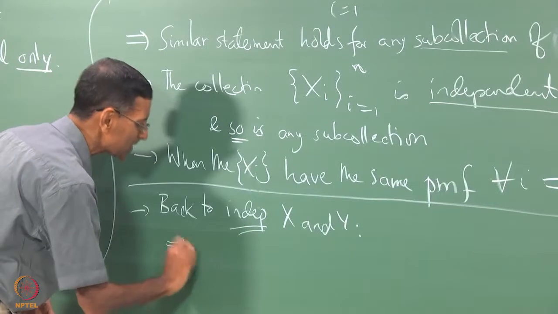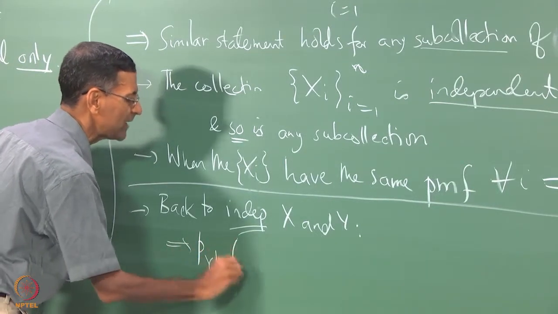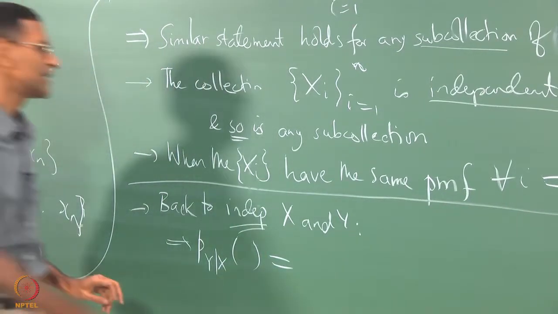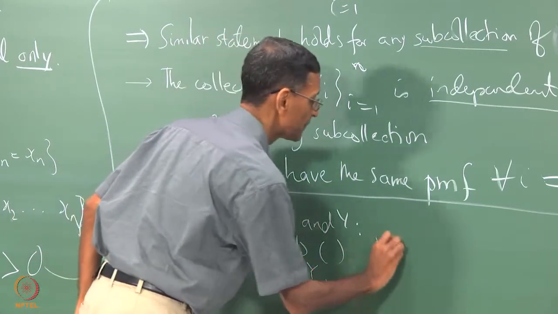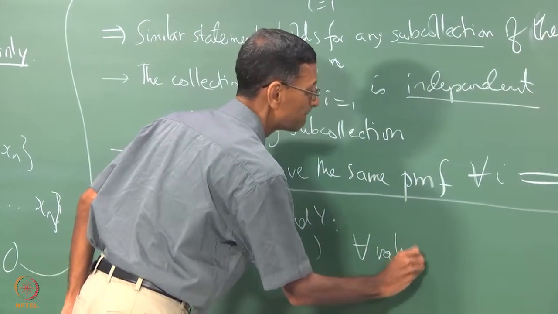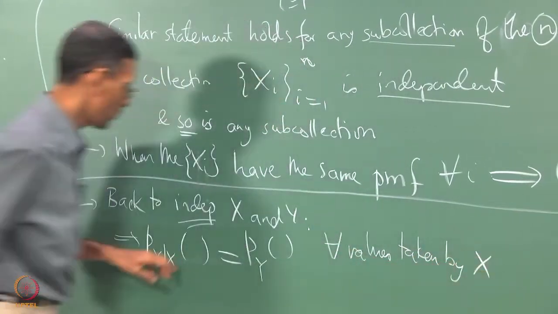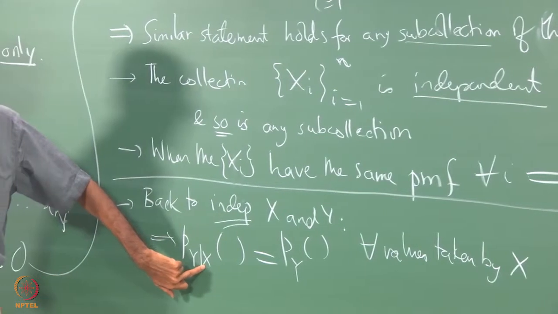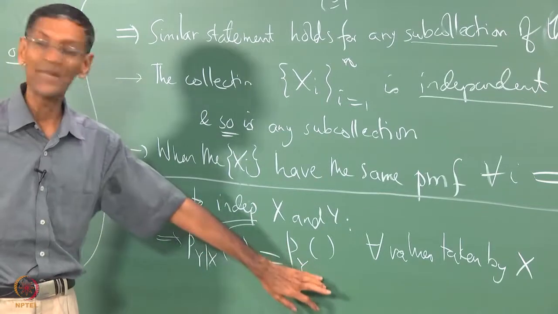So that also means that the conditional PMFs, P of y given x for example, will be what? Just the unconditional, the marginal PMF for all values taken by x. That is, no matter what value you use for the conditioning quantity, you get back the same unconditional PMF.